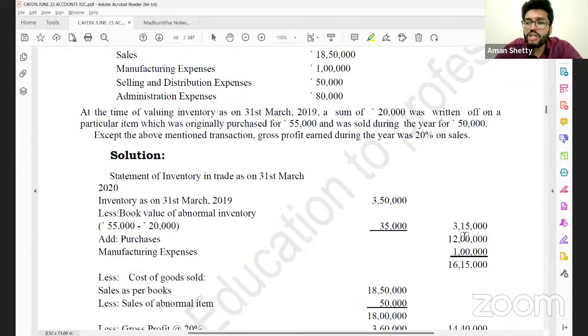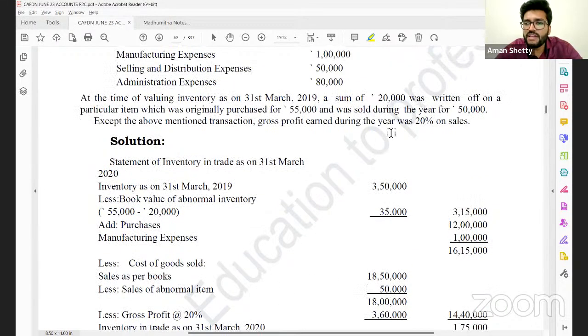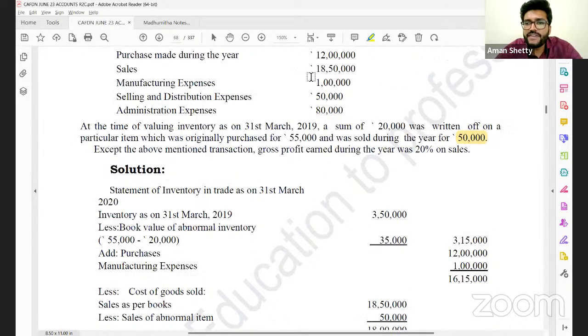as the opening stock. To this, you will add purchases and manufacturing expenses of 13 lakh. Then you arrive at 16 lakh 15,000. Clear? Next, from the sales also, you will minus the abnormal sale item of 50,000. Sale is 18 lakh 50,000. Abnormal sale is 50,000.